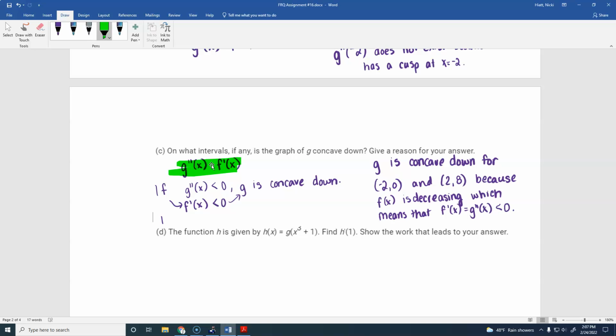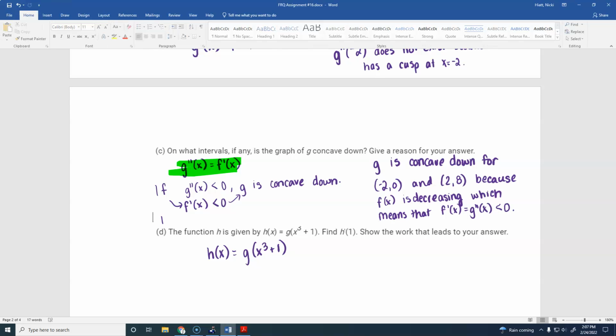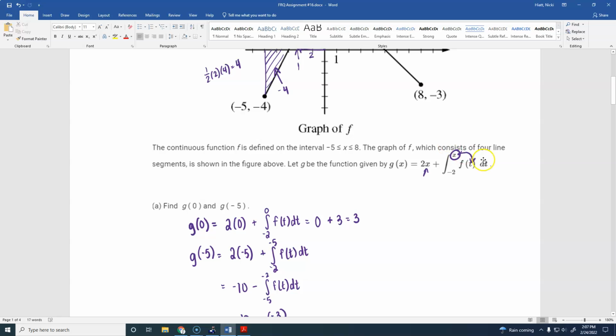All right, so the last part tells us that h of x equals g of x cubed plus 1. So that means I've got to plug x cubed plus 1 into the g function, which is this function up here that has the integral in it.